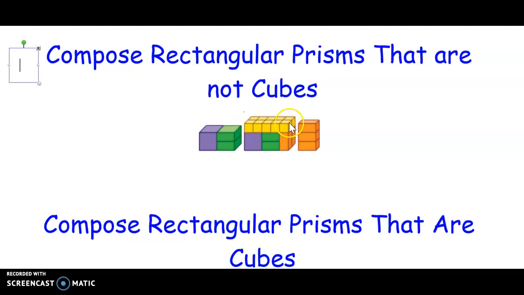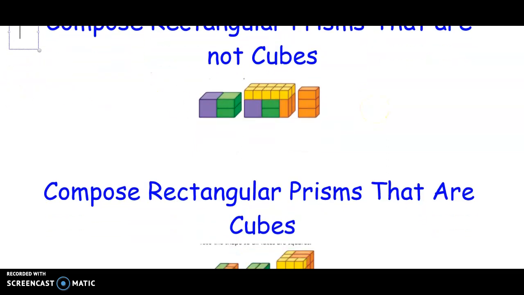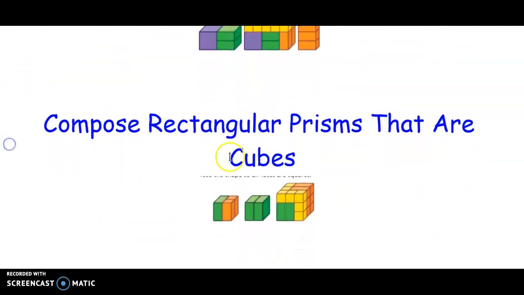Here we have many cubes, rectangular prisms, and one large cube to form a much larger rectangular prism, and then 3 rectangular prisms that go together to compose an even larger rectangular prism. We also have rectangular prisms that are cubes. So we take the rectangular prisms that we have and we make them into cubes.